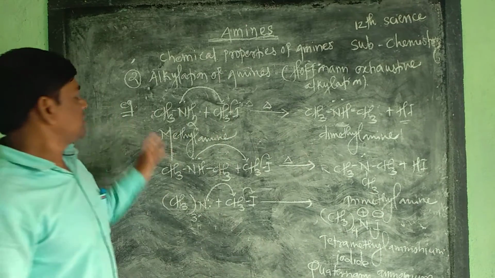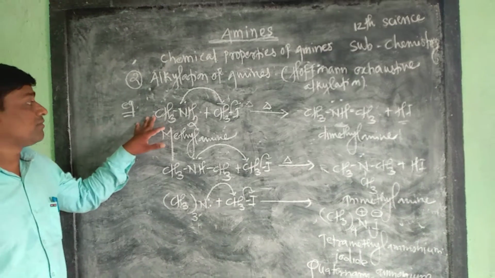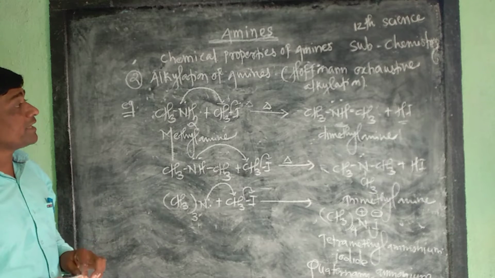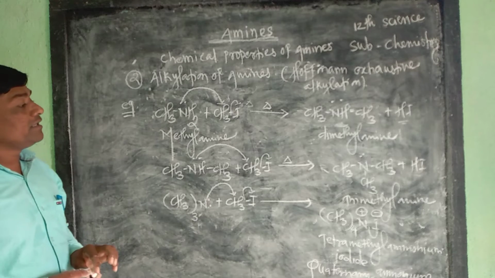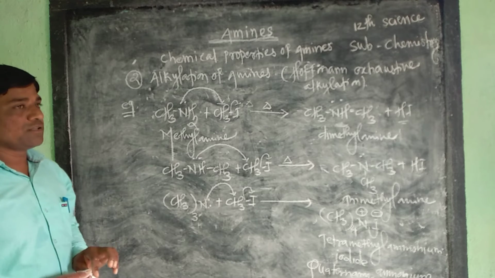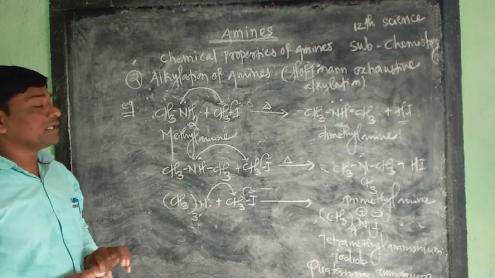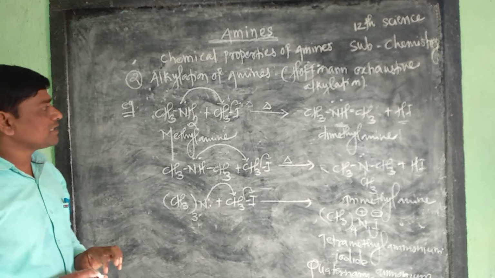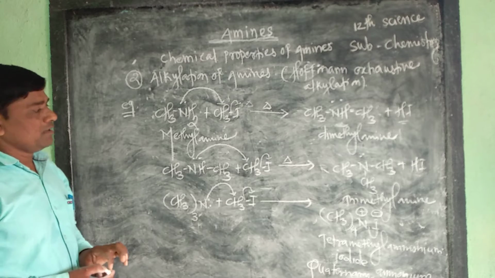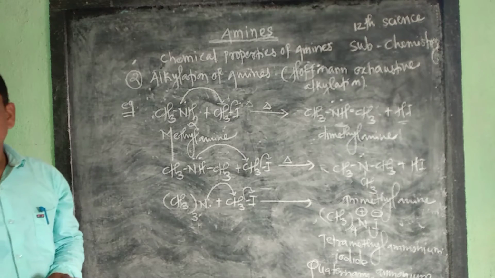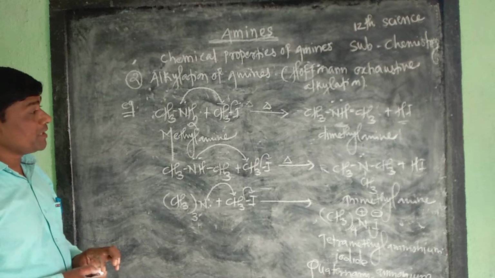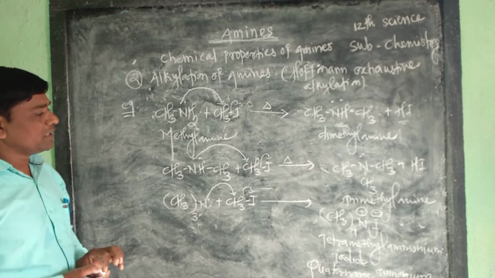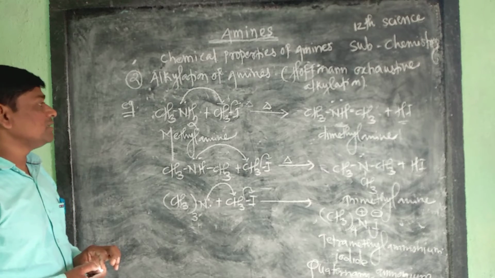Okay, in this way we prepare quaternary ammonium salt from methylamine, primary amine, to the quaternary ammonium salt. This reaction is also known as alkylation of amines, and whenever the alkyl halide is methyl iodide, the reaction is known as exhaustive methylation of amines. Okay, in this way we prepare the secondary amine, the tertiary amine, and also quaternary ammonium salt by using primary amine.